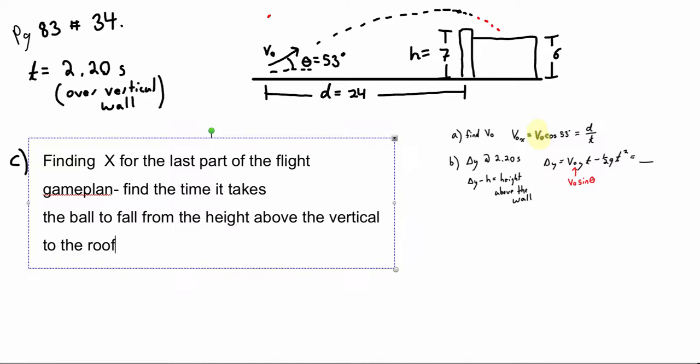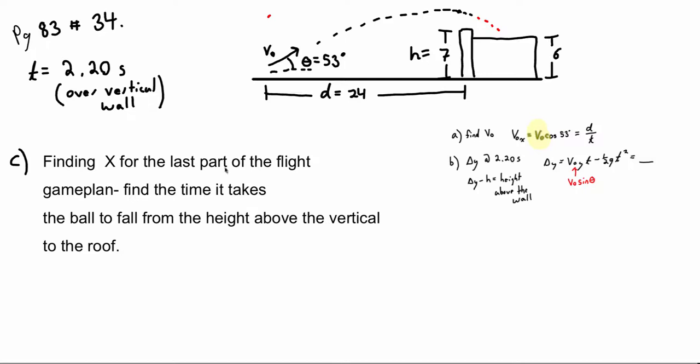And so note that you're going to have to use that the roof is 6. So that's going to be part of how we're going to solve this.